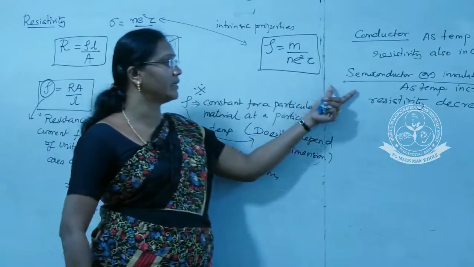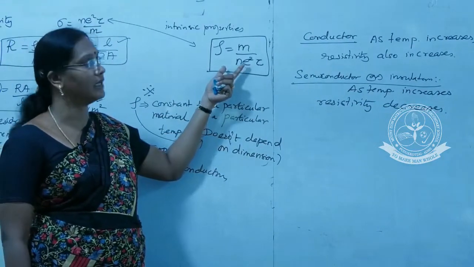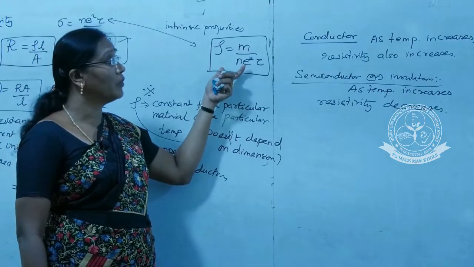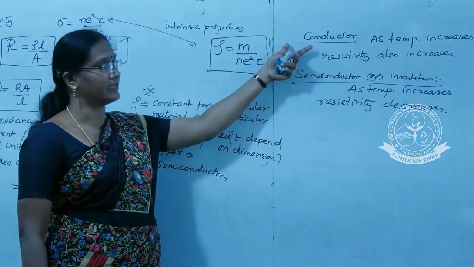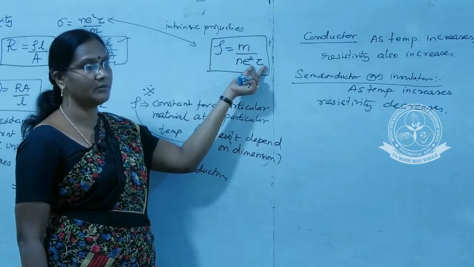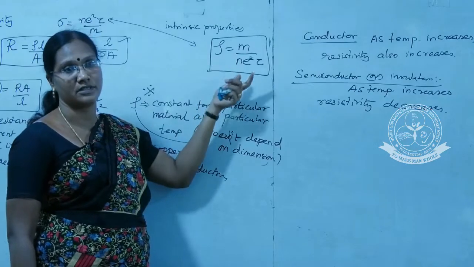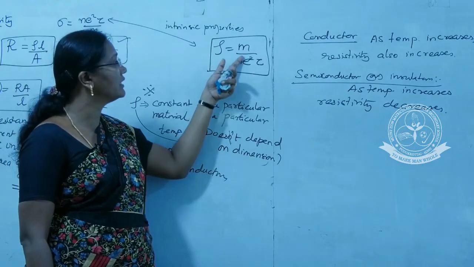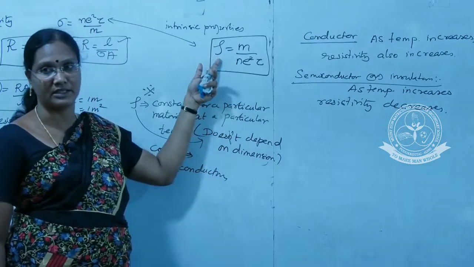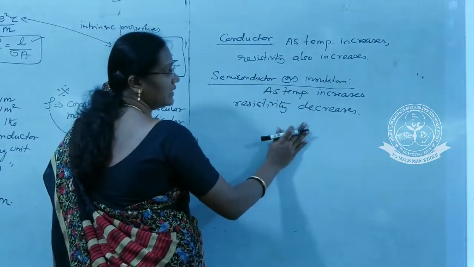In the case of semiconductors or insulators, we have a limited number of charge carriers. We are not having more carriers as in the case of conductors. So as temperature increases, of course the time changes, but the number of free carriers also keeps on increasing. If it increases, resistivity will decrease. So as temperature increases, resistivity decreases.